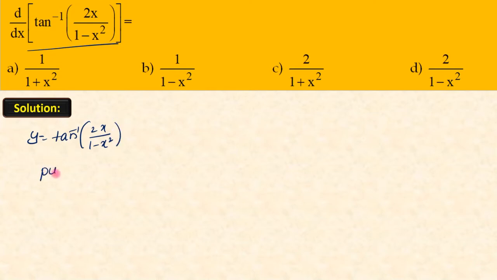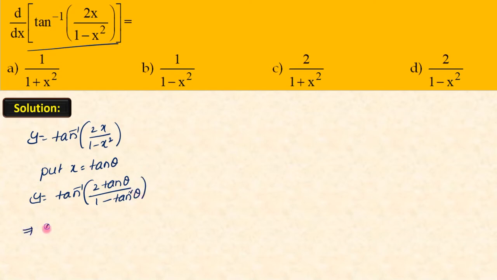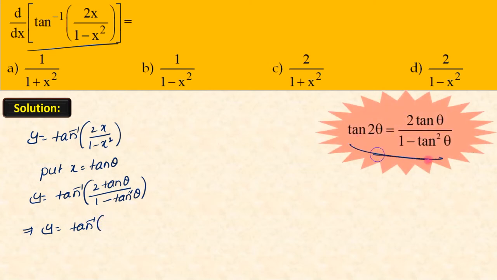Now put x is equals to tan theta. We get y is equals to tan inverse of 2 into x, here x is tan theta, divided by 1 minus x square, that is tan square theta. This implies y is equals to tan inverse of, we know that tan 2 theta is equals to 2 tan theta divided by 1 minus tan square theta.